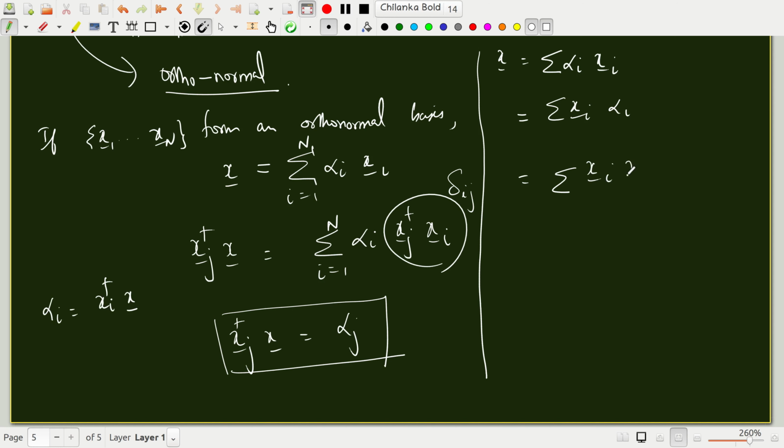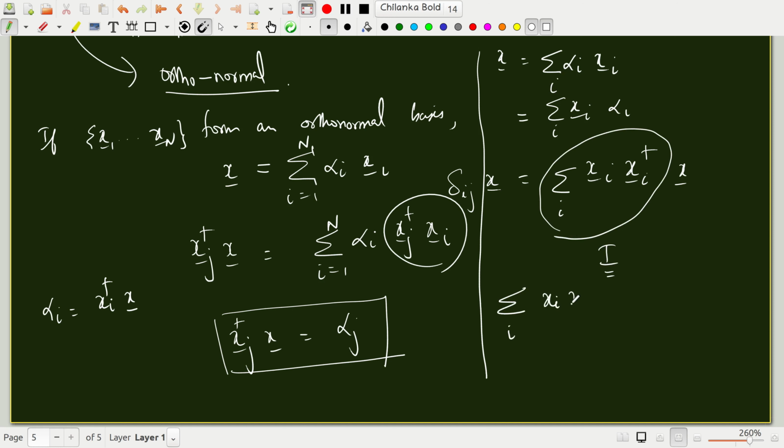So instead of alpha i I will write xi dagger x. This is xi, summation is over i. Okay, now if this side is x and this is x, this entire thing should be identity. So summation over i xi xi dagger for an orthonormal basis should give me identity.